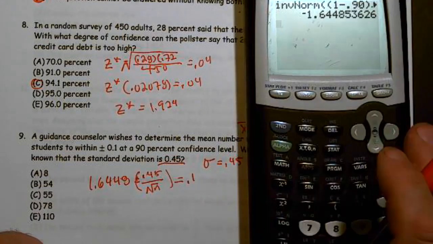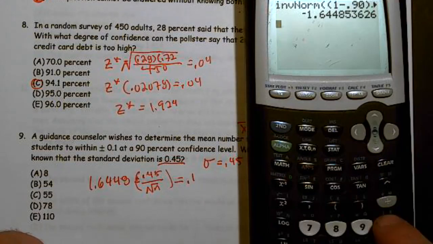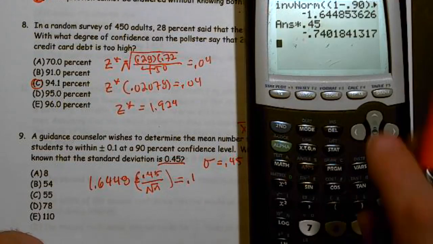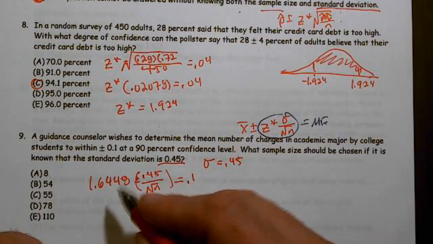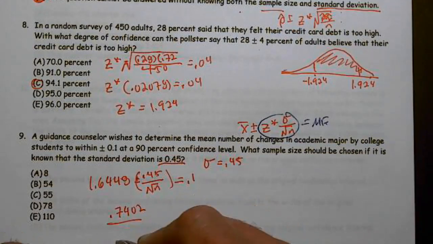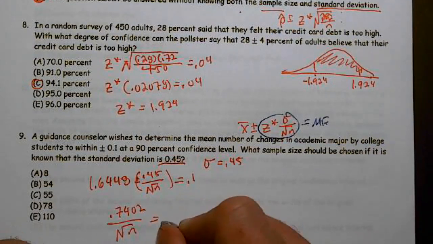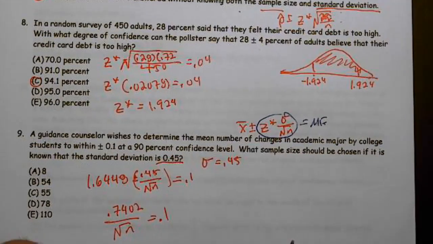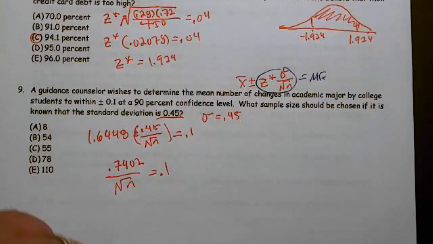So in this case, I'm just going to take this and multiply by 0.45. And I get 0.7401 over the square root of n equals 0.1. And by the way, when you're working with these small numbers, you are going to have differences in rounding. It's just going to happen.